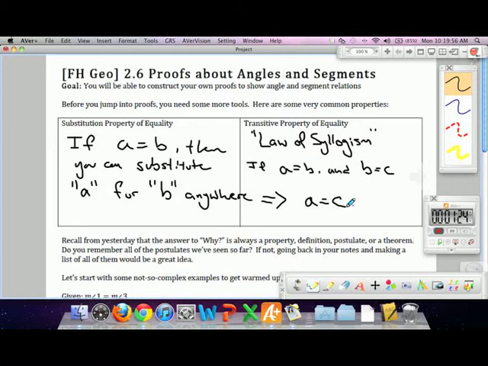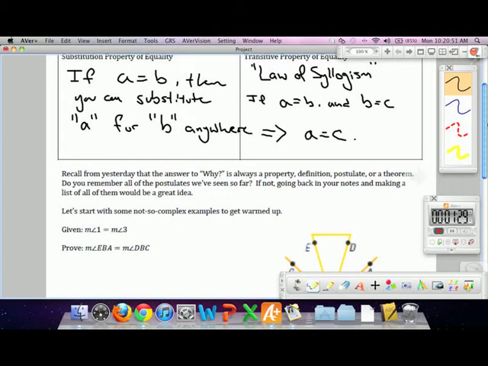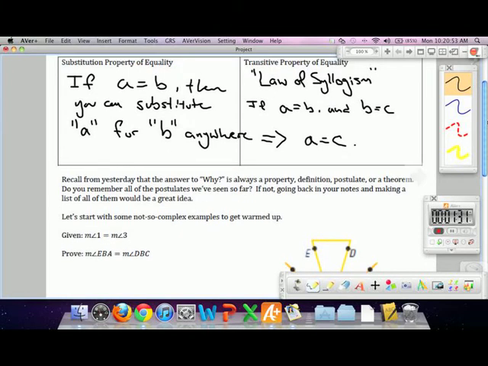We're going to take those ideas and combine them with some of the properties that we looked at last week, in particular those algebra properties that were in like 105 or 106 that I made a note to on the previous note sheet. You're going to use those. We're going to use the substitution and transitive properties.